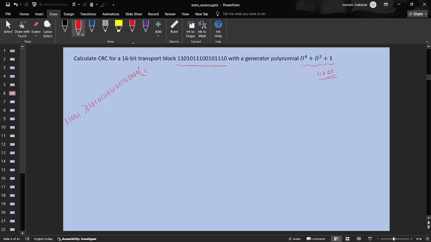So let's try. So it's 11001. The first bits are taken, here I have 11. I'm basically ignoring the zeros here, not writing them, because we are not interested in the quotient sequence here.